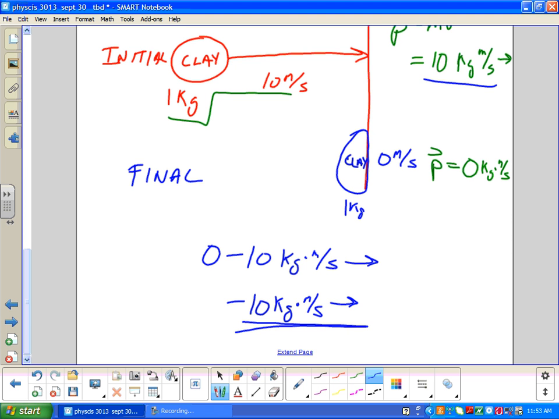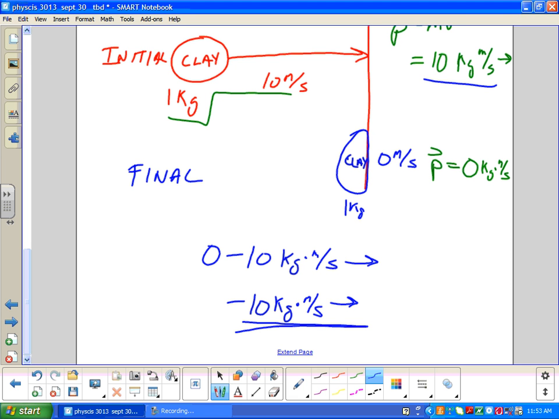Mass matters though. If you make the clay larger, impulse will go up because the momentum will go up. If you throw the clay harder, you increase the velocity. All right? That would make the momentum go up. And again, the way you make velocity go up, you heard I said throw it harder, right?